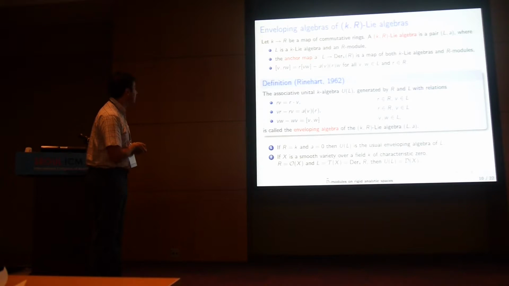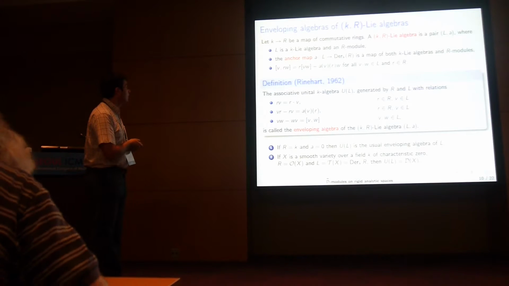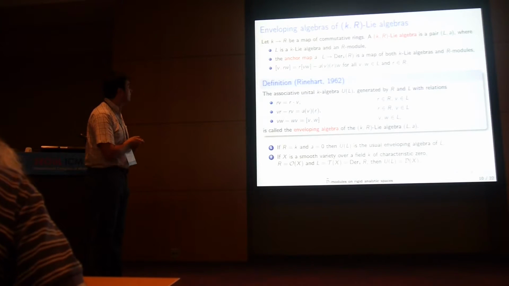The other interesting example is when, for example, X is some smooth variety. Let's say that the ground field K is of characteristic 0. Take R to be the ring of regular functions on X, and take L to be the Lie algebra of K linear derivations of this function algebra. So then the anchor map is just the identity map, satisfying this trivially.